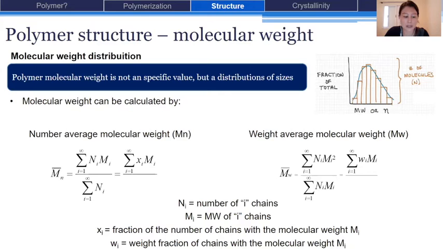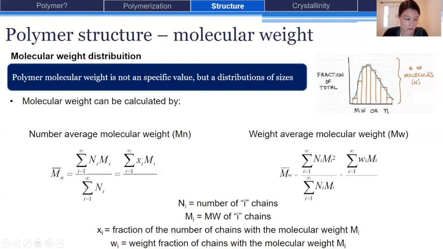So we will have a series of size ranges, and we will determine what is the fraction of the total number of chains that possess this mean molecular weight. Okay, so in each range there is a mean molecular weight. This mean molecular weight for this fraction i, we will write it Mi. So from that, let's come back to the definition of the number average molecular weight, Mn.